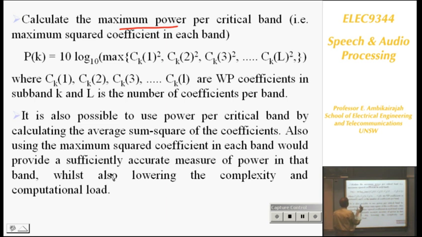So I take the first coefficient of the wavelet packet in one band, square it, then the second, third, fourth, and so on, and I pick up the maximum of that. That gives me the energy for that particular band. It's also possible to use power per critical band, which I have done, and this is easier.